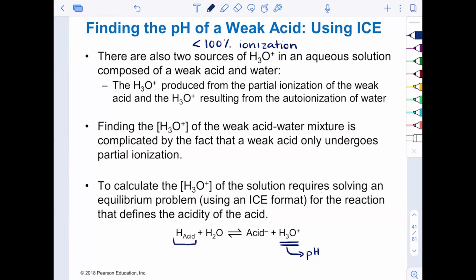So to calculate the H3O+ concentration of a solution, it requires solving an equilibrium problem using the ICE table format. And it's using this reaction, HA, which is what we've been using, plus water yields the conjugate base, A minus, and H3O+. To solve for the H3O+ concentration at equilibrium, you will need a Ka and an initial concentration of acid.